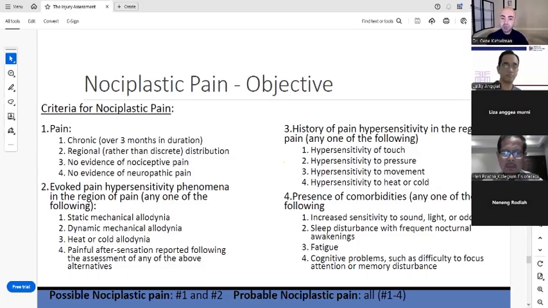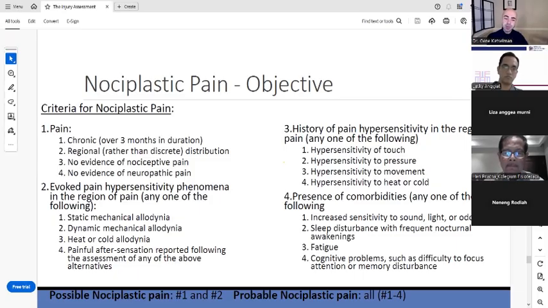They have a history of pain hypersensitivity in the region of the pain. So they're hypersensitive to touch, to pressure, to movement, or to high heat, or to cold. And finally, the presence of other comorbidities. So any one of the following: increased sensitivity to sound, light, or odor; sleep disturbances and frequent awakening at night; fatigue and cognitive problems like difficulty focusing, difficulty with attention, or memory disturbances.